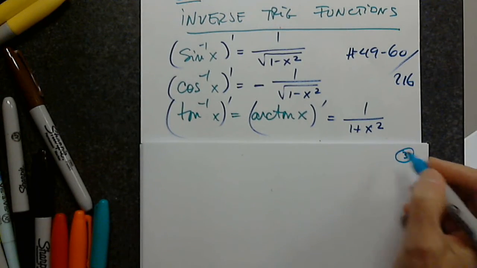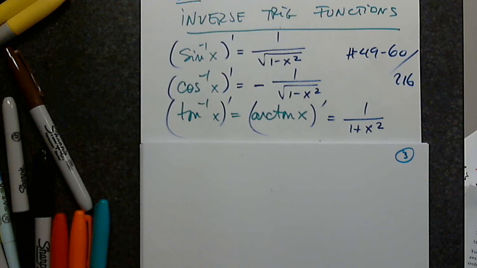So let's differentiate a couple of them. For example, I suggest 53. Let's do 53.